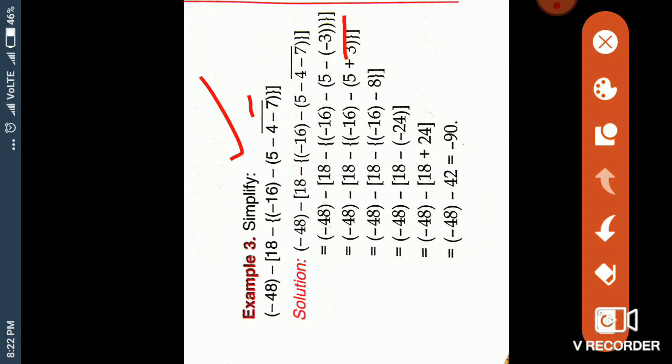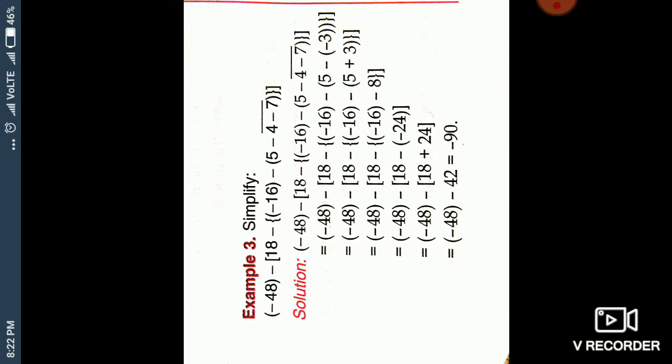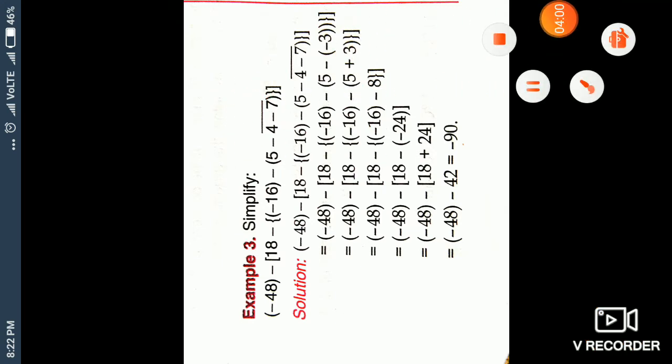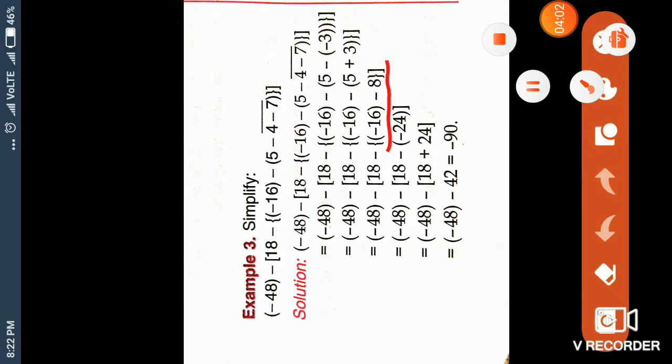And now we will solve the small bracket. Small bracket means this one: 5 minus in bracket minus 3, then minus multiplied by minus will give plus 3. Understand? So 5 plus 3 is 8. And now we will solve the middle bracket.